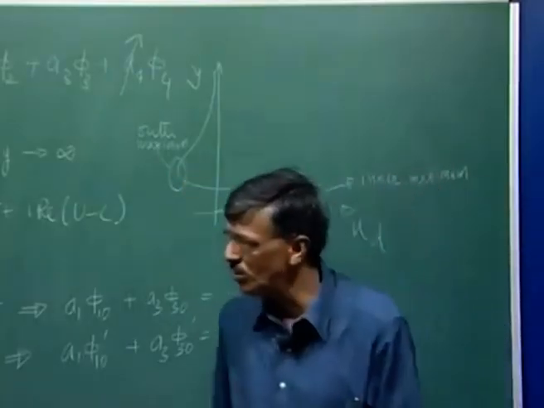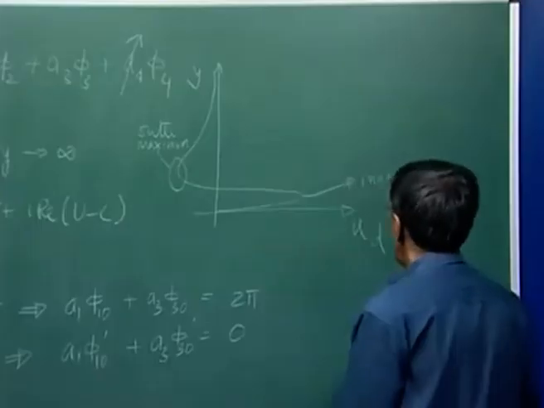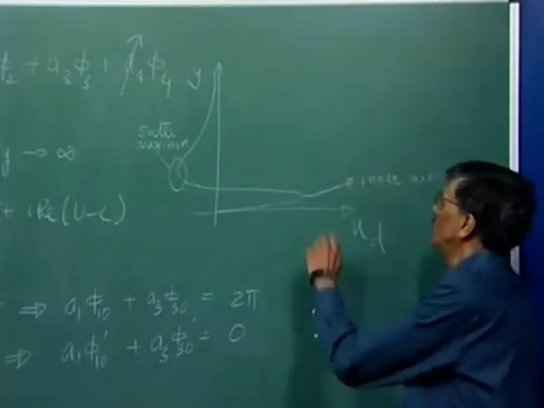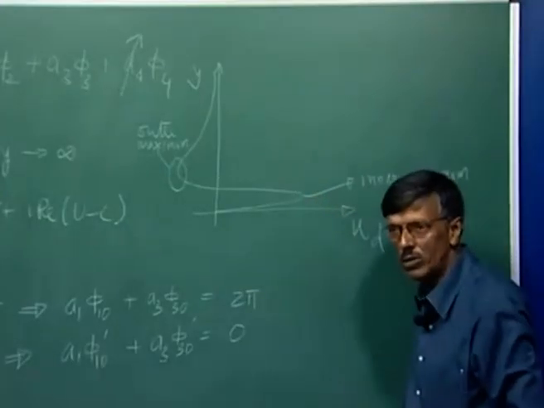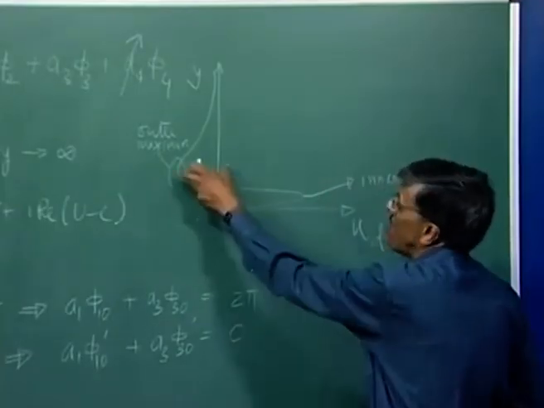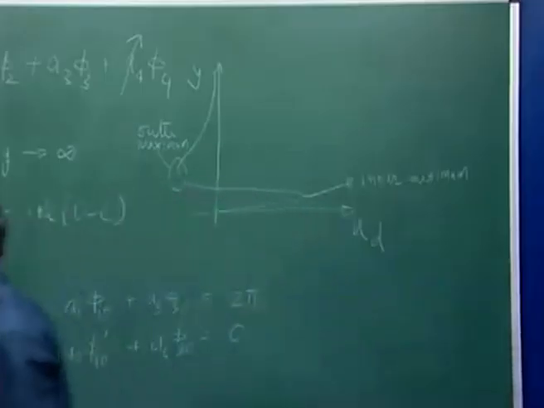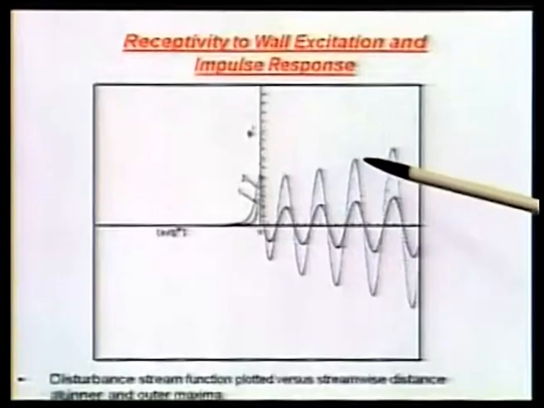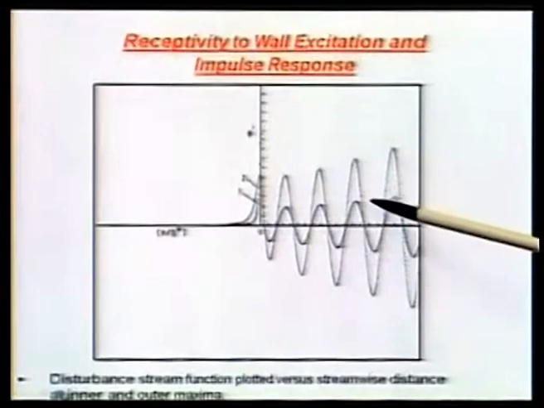If I were to ask you which one would you prefer, of course, you would point out this one, because it is a larger signal that you would get. This magnitude is much larger compared to this, and that is what you are seeing here. The inner maximum has a larger amplitude compared to the outer maximum.